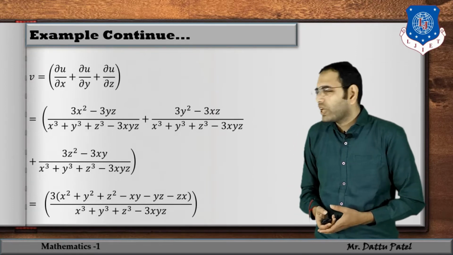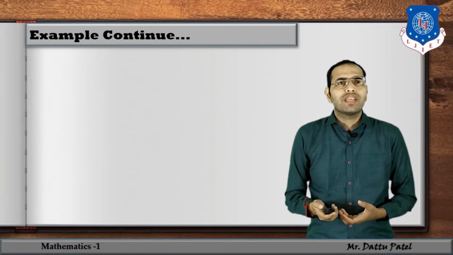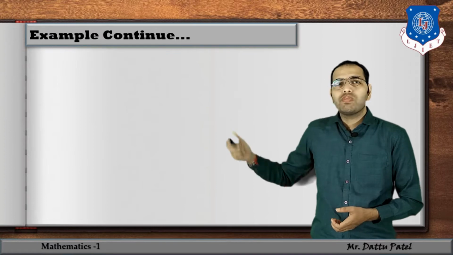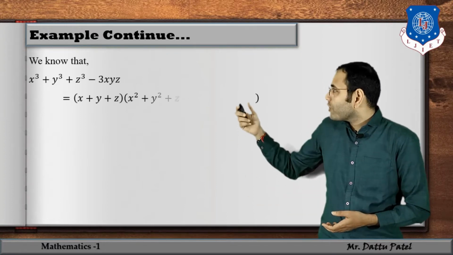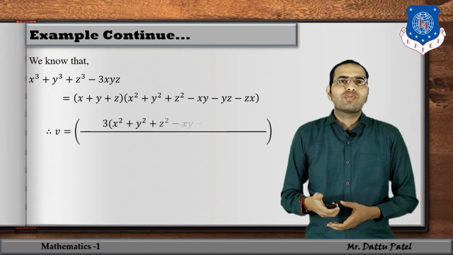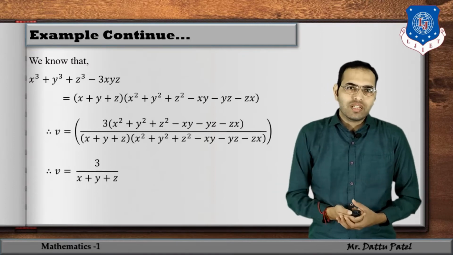We already know the factorization, or with the help of basic algebra, x cube plus y cube plus z cube minus 3xyz is written as (x plus y plus z) times (x square plus y square plus z square minus xy minus yz minus zx).